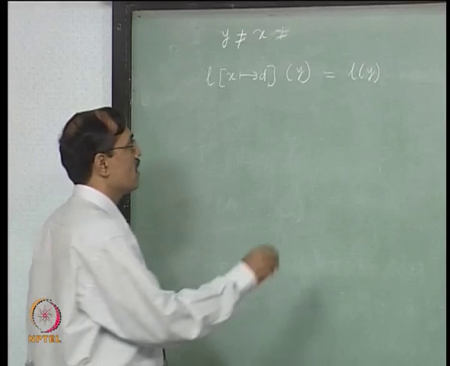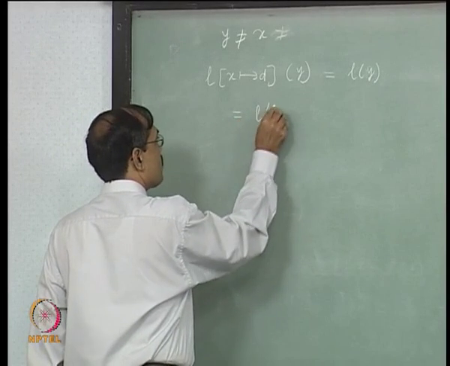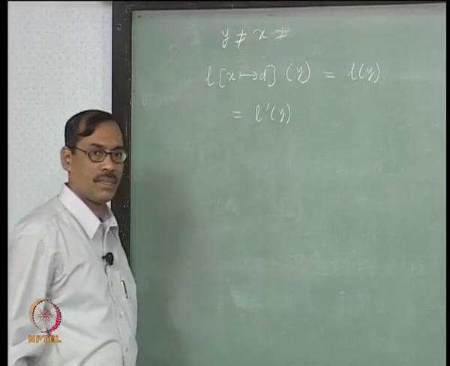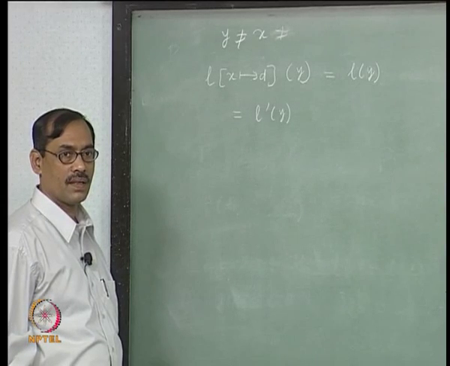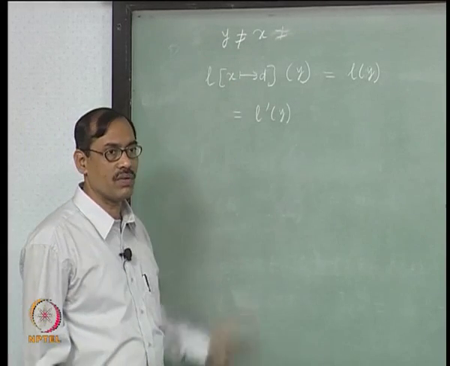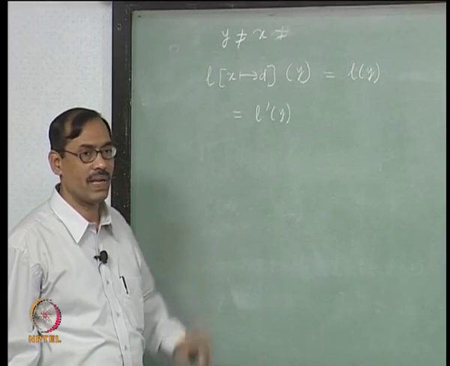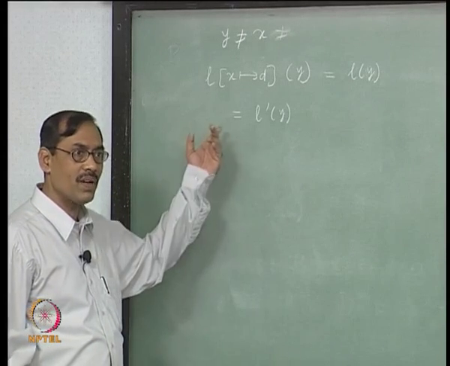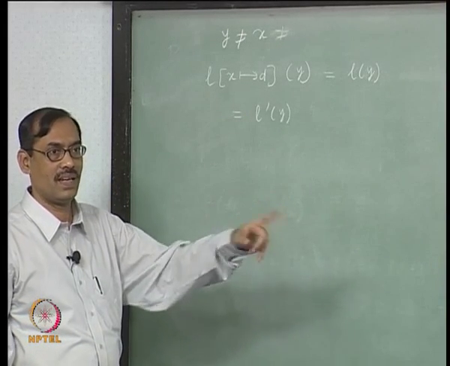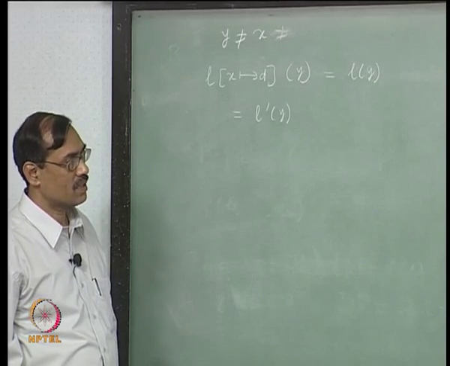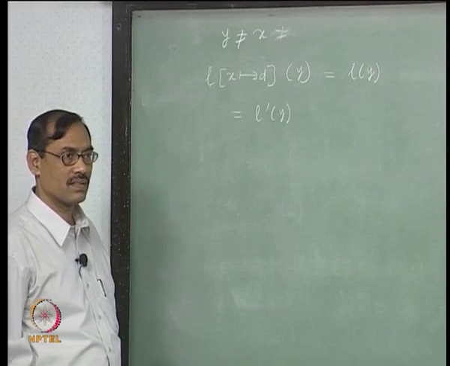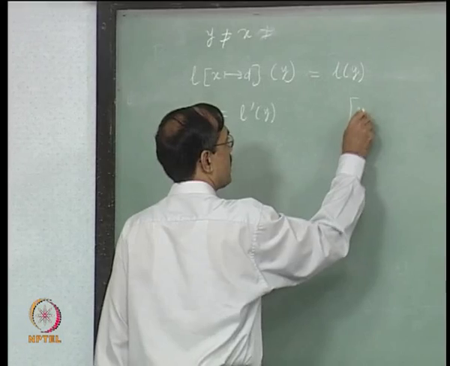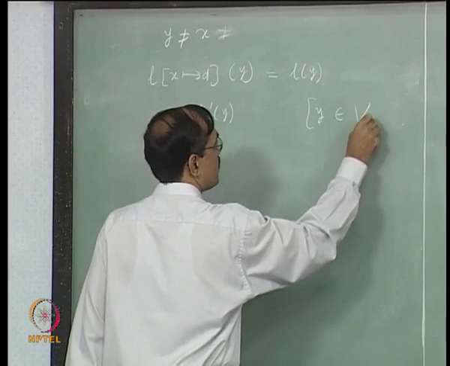So, this is L of y, and L of y equals L prime of y. Why? Because if y is not equal to x and y belongs to free variables of B, then y belongs to free variables of A, right. V of B is a subset of V of A union x. So, here we give a comment, because y belongs to V A due to this.